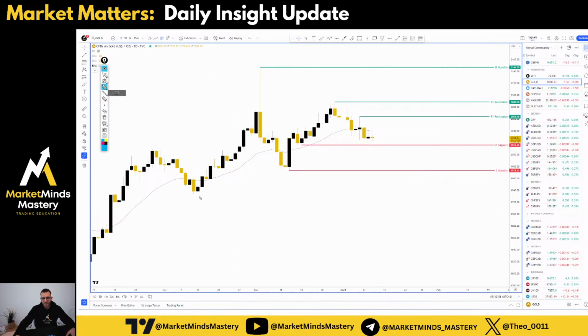Overall, this market is not trending, so there is no clear direction. If you read the swings at this point here and you believe that that's a downtrend because of the lower highs and lower lows, that's also something you can consider.